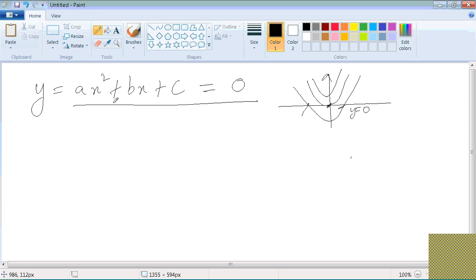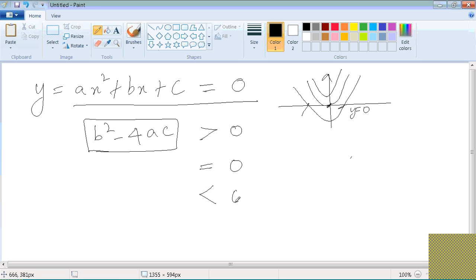Now, when you equate this equation to 0, this is a simple quadratic equation where you know that b squared minus 4ac, this is what we call the discriminant, right? Now, there are three possible values of this. b squared minus 4ac can be greater than 0, equal to 0, or less than 0.